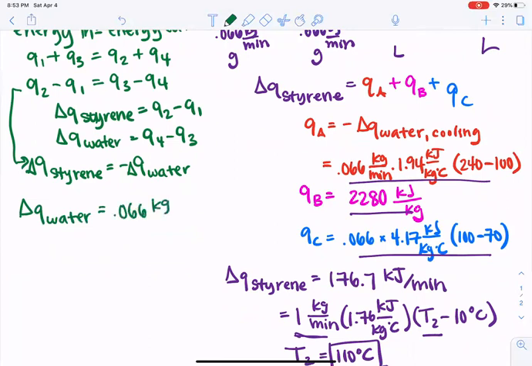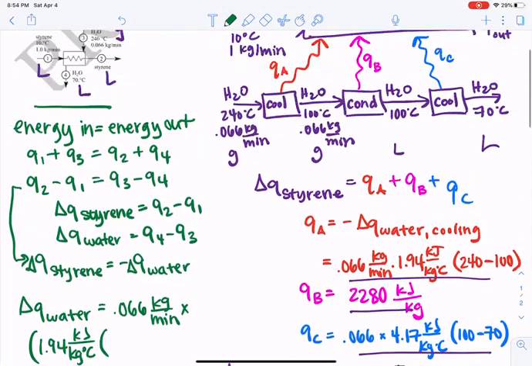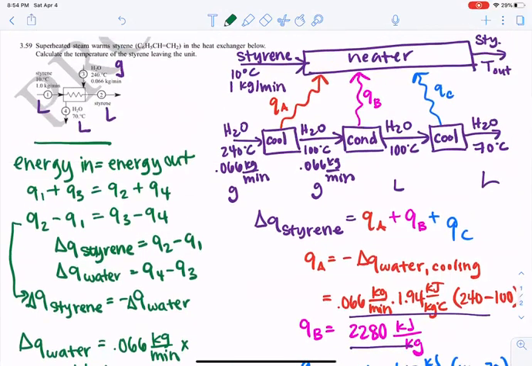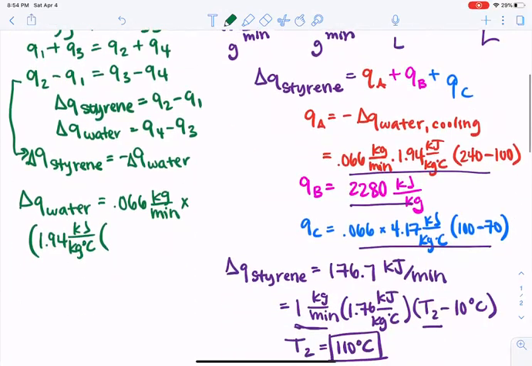So delta Q water equals 0.066 kilograms per minute times this whole big quantity. The first thing that happens is that it needs to cool, so 1.94 kilojoules per kilogram degrees C, and it's cooling from 240 to 100, which is its boiling point. So the final temperature is 100 and the initial temperature is 240.